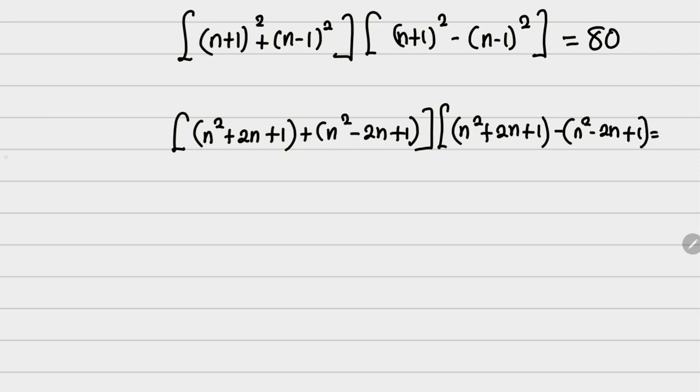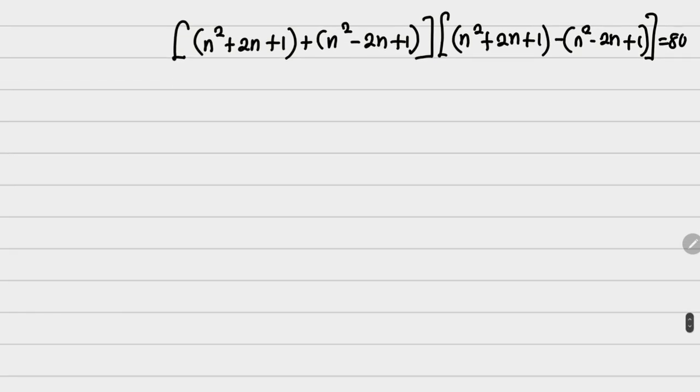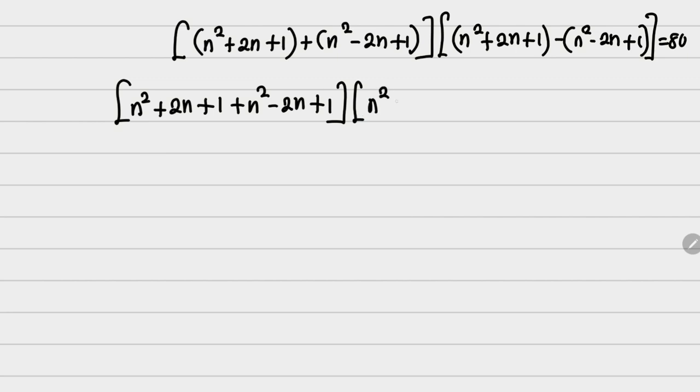Everything is equal to 80. Therefore, we are going to have n squared plus 2n plus 1 plus n squared minus 2n plus 1, then this is going to be n squared plus 2n plus 1 minus n squared minus 2n plus 1, is equal to 80.